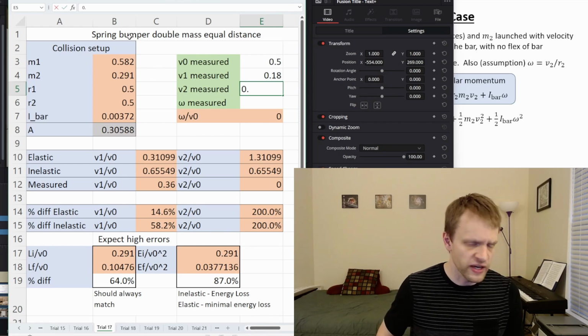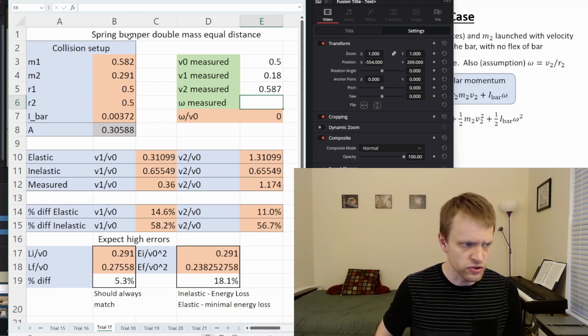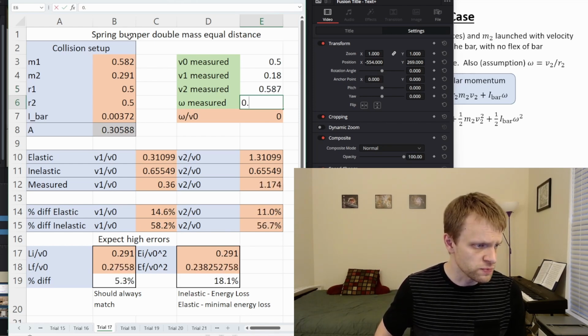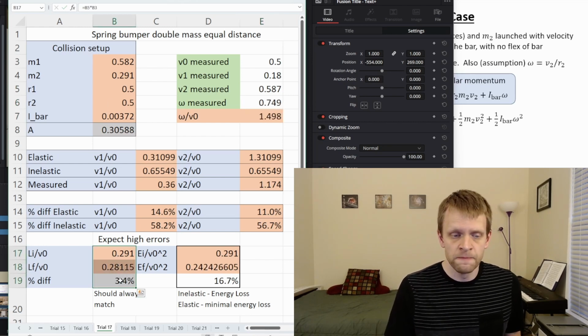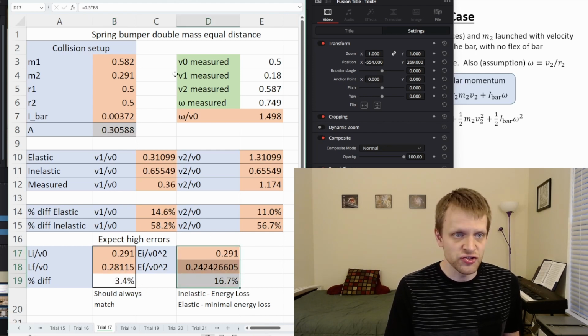Object 2 was moving at 0.587 meters per second. Angular velocity was 0.749 radians per second. Once again, no significant change in the angular momentum. And in this elastic case, we have minimal energy loss, velocity ratios inside the accepted ranges.